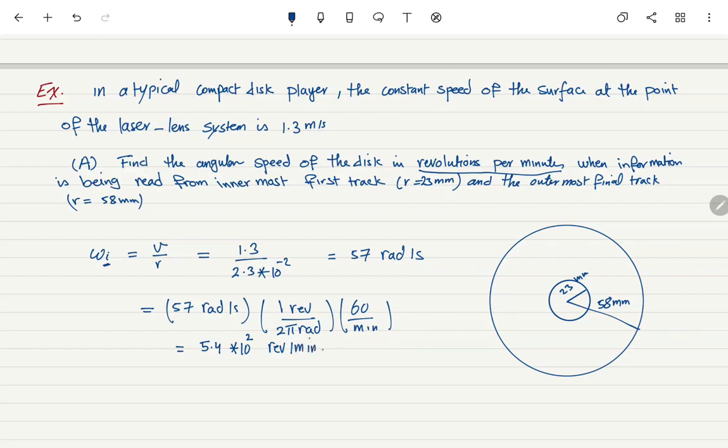Now for the outermost track, omega final equal to V over R, same rule as before, equal to 1.3 meter per second divided by 5.8 times 10 to the power minus 2 meters, or 22 rad per second. You just convert this as we did in this one here, so it's equal to 2.1 times 10 to the power 2 revolution per minute.